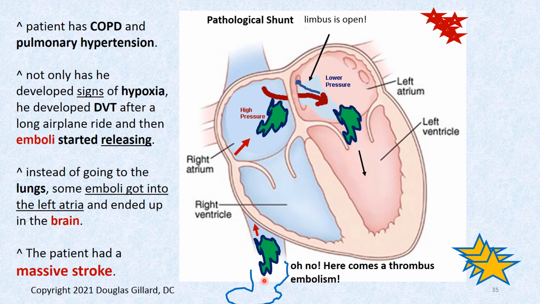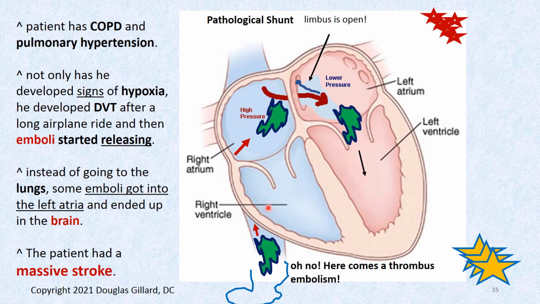So here's a leg, and somebody was on a 14-hour plane ride, and he developed some clotting, some thrombus formed here, and a piece of the clot broke loose when he got out of the plane seat. Unfortunately, he's got COPD on top of that, so he has pulmonary hypertension, and the pressure is higher in the right atrium compared to the left, so we always have blood flowing like this.